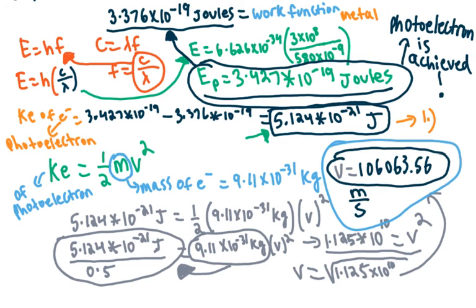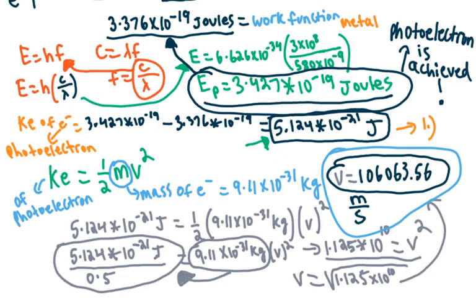That's the velocity of the photoelectron that was freed because the energy of the photon was greater than the work function of the metal. So that was photoelectric effect part 2 for you guys. Hopefully you watched photoelectric effect part 1 in my previous video, and hopefully now it makes much more sense.